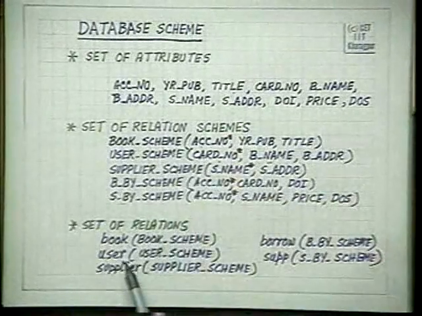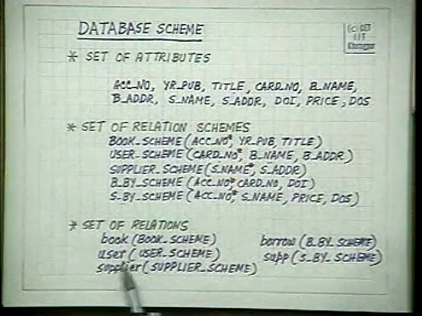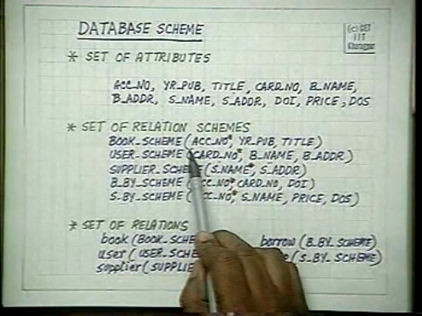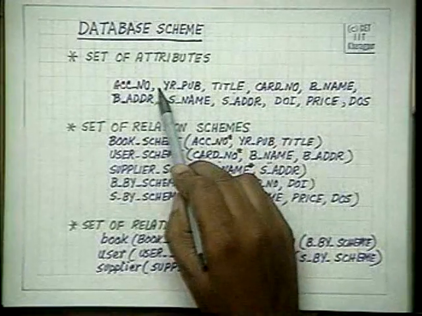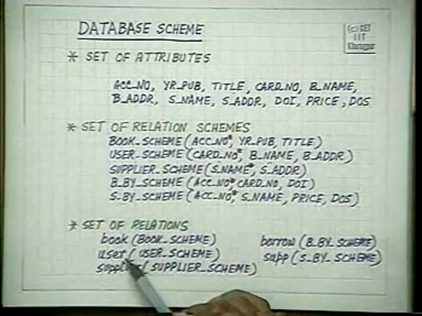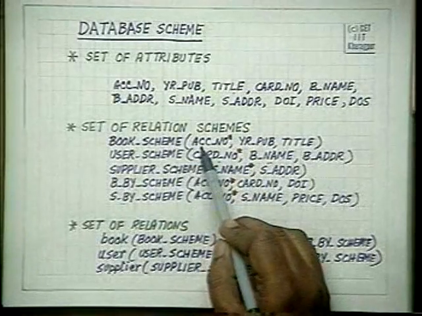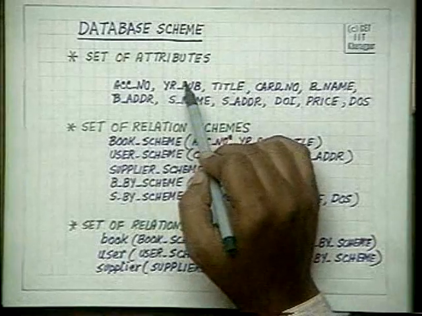A particular relation is defined on a relation scheme, which is defined on the set of attributes. Now, 2 relations, if they are from 2 relation schemes, will take their attributes from a common pool.